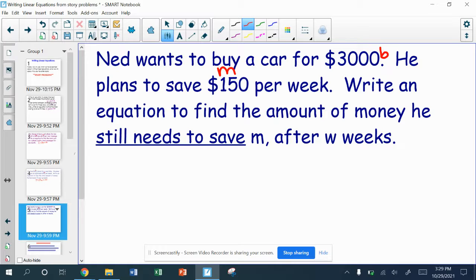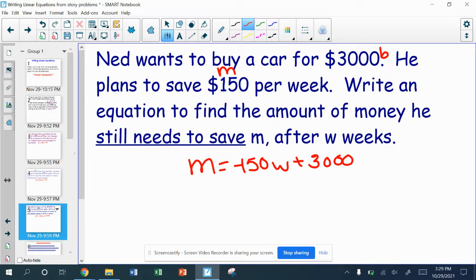And every week when he saves that money, that's going to decrease the amount of money that he still has to save. So the money that he still has to save is decreasing by $150 every week, and it started at $3,000. Okay, so that one's a little bit weird having a negative slope on that.